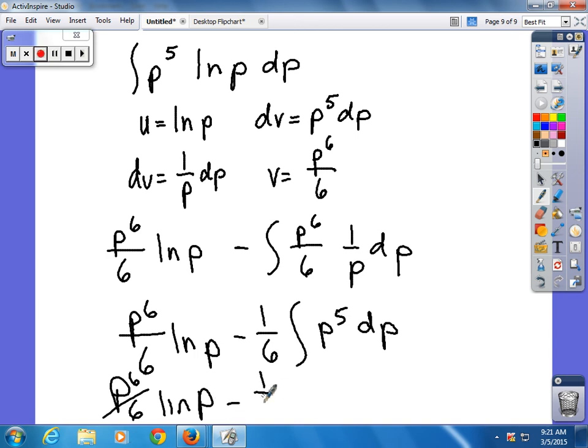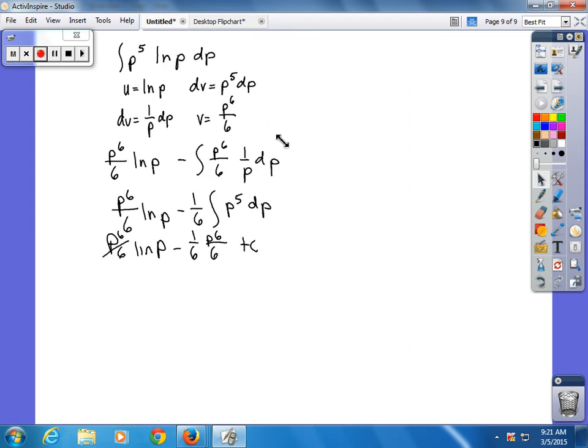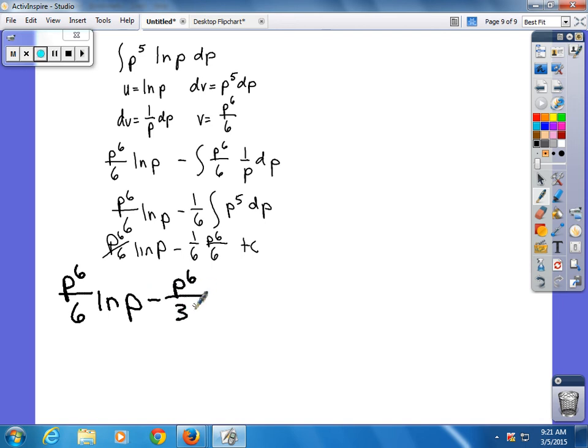So 1 over 6, and that'd be P to the 6th over 6 plus C. That'd be P to the 6th over 6, natural log of P, minus P to the 6th over 36 plus C, and we can factor out what?